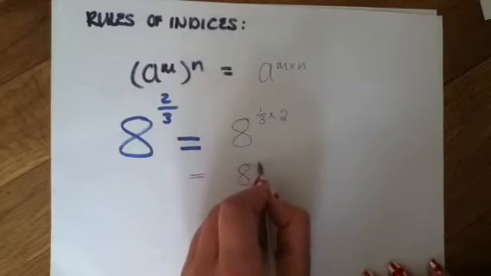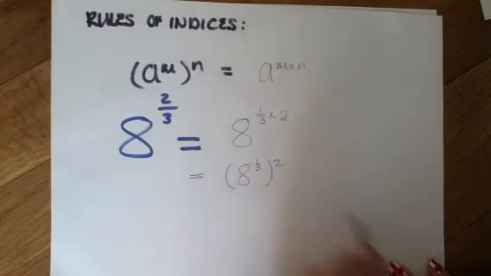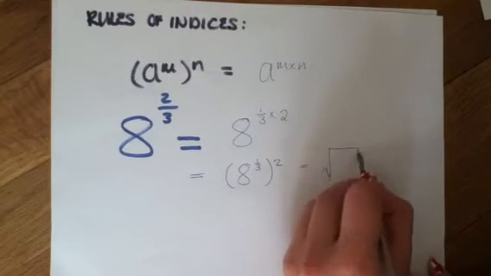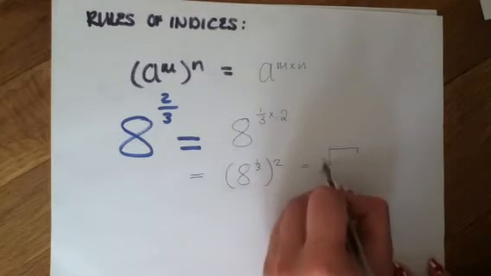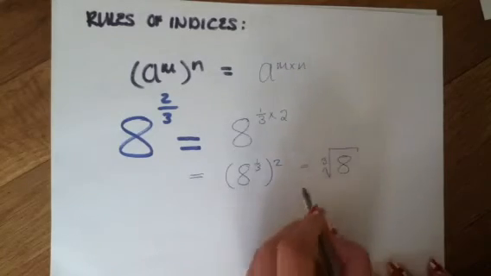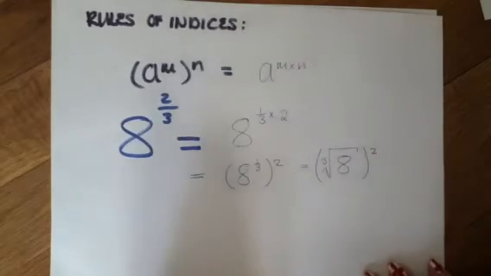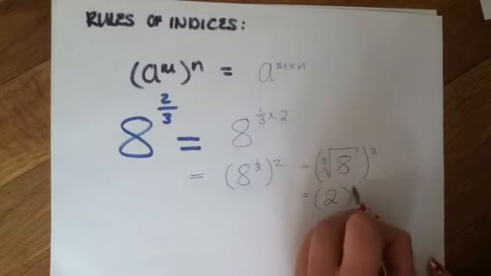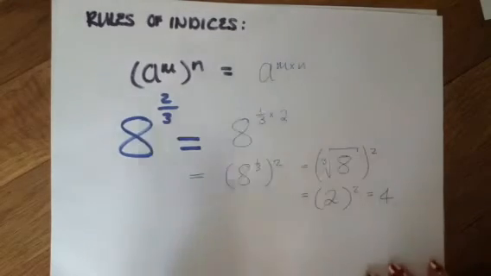So 8 to a third, and then this is a half. The fraction indicates a root, and this is the third root because of the 3. Then there's the 8 and we can square it. The third root of 8 is 2, all squared, and that is 4.